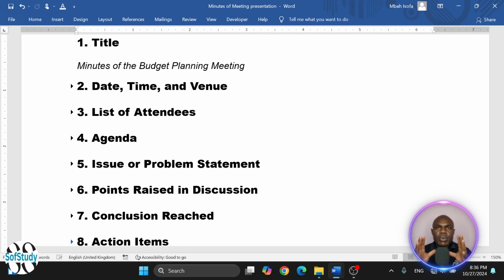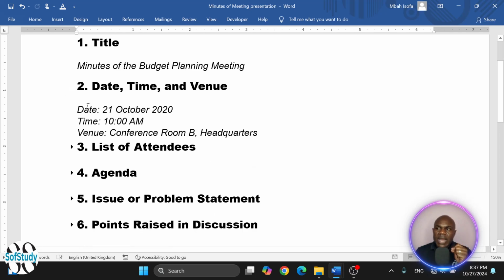The second point is the date, time, and venue. You have to clearly state the exact date, time, and location of the meeting. This may look like 21 October 2020, 10 a.m., Conference Room B, Headquarters.